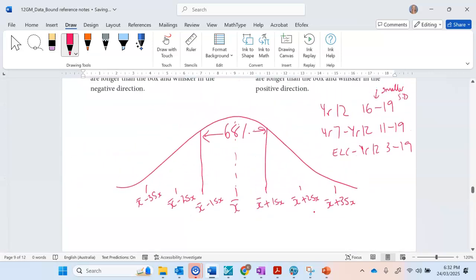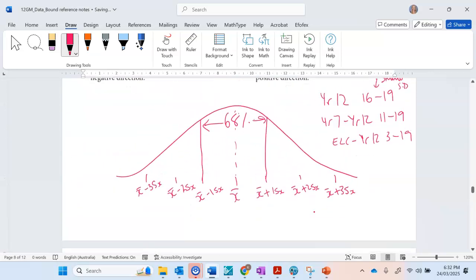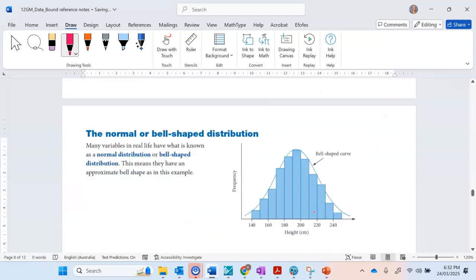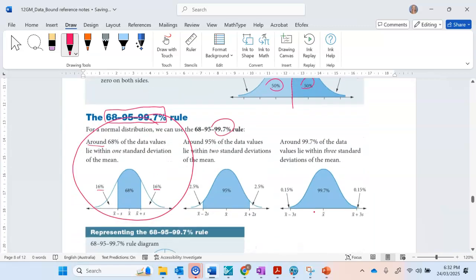2 standard deviations. So here we are, 2 standard deviations below, 2 standard deviations above, and that's approximately 95% going from there to there. And just scrolling down, that is what this is telling us. 2 standard deviations either side of the mean, so 95% in the middle leaves us with 2.5% at either end.